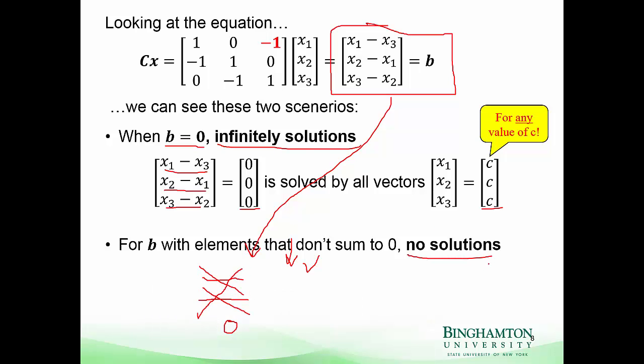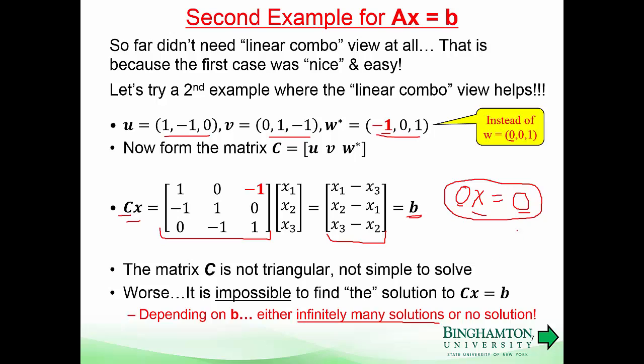Well, let's back up to our previous slide. Remember when we were talking about 0x is equal to 0? Well, what if I said 0x is equal to, and instead of 0, I said 5. Now, there is no x for which that equation is satisfied.